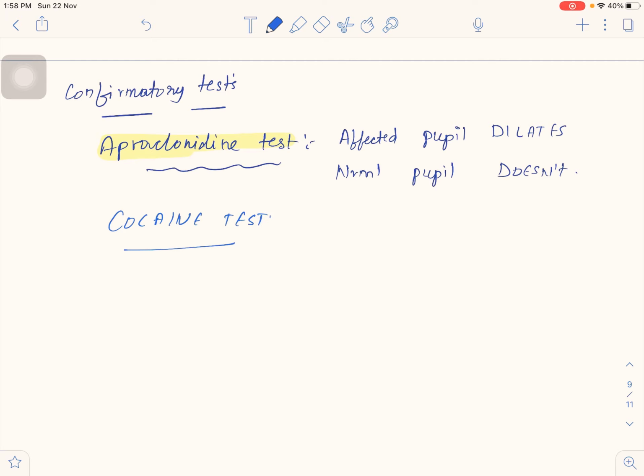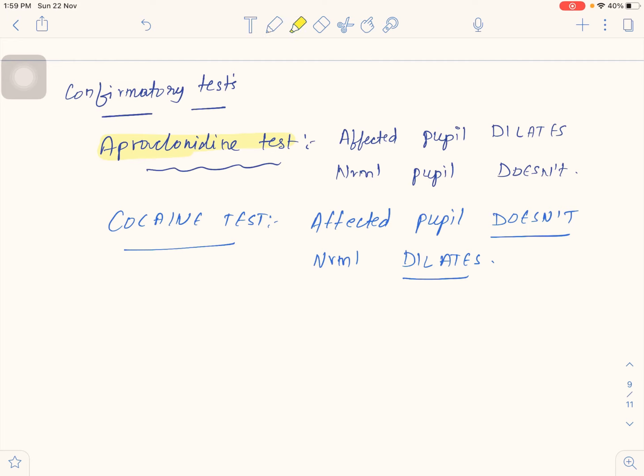The next test we can also use is the cocaine test. So cocaine is a powerful dilator drug. If we instill this in the eye, the affected pupil does not dilate, but the normal one dilates, opposite to the apraclonidine test.